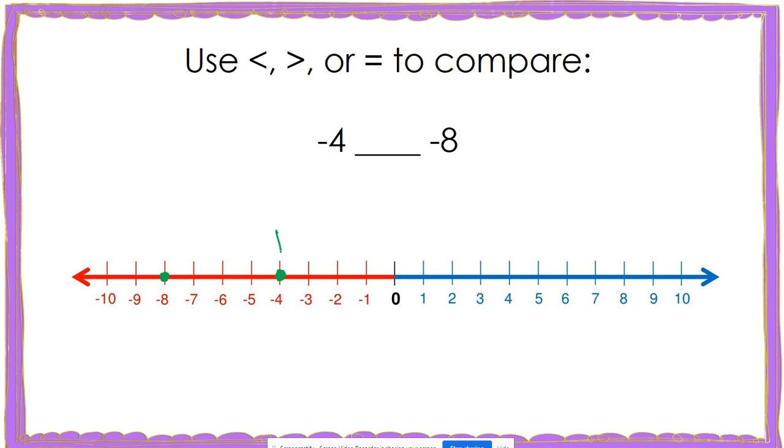I am looking at -4 in comparison to -8. I notice that -4 is located to the right of -8. Because it is located to the right of -8, I know that -4 is greater than -8.